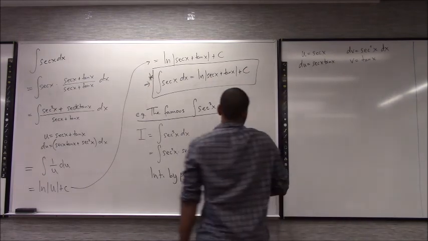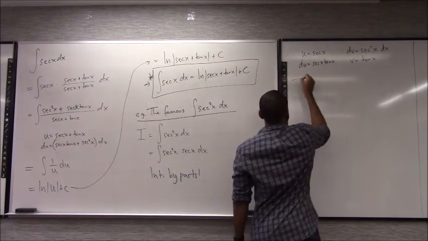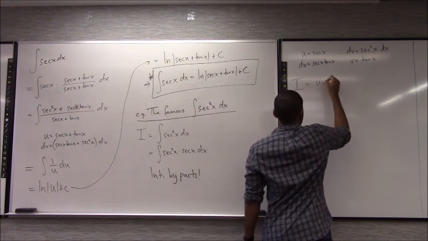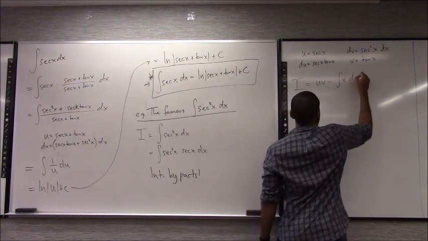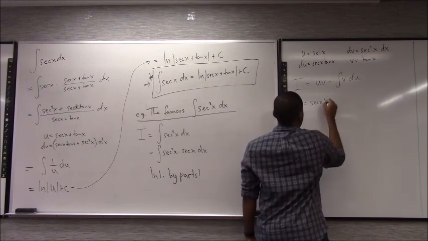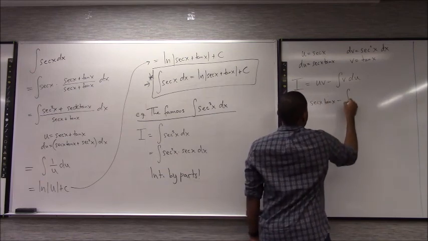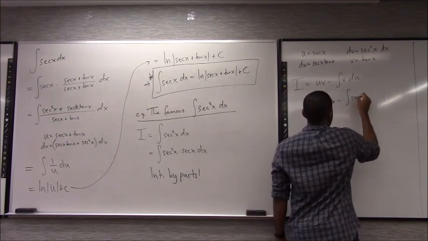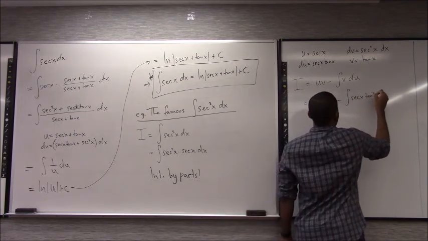Now we use the integration by parts formula. I is going to be u times v minus the integral of v du. So that's secant x tangent x minus the integral of secant x tangent squared x.